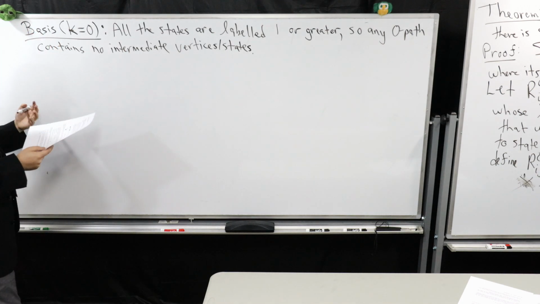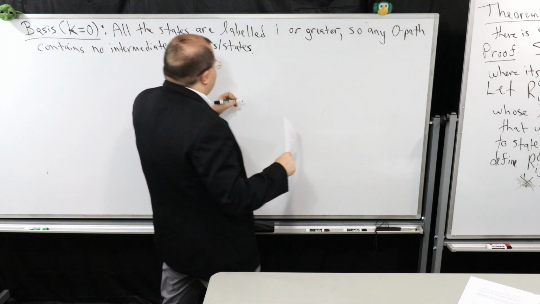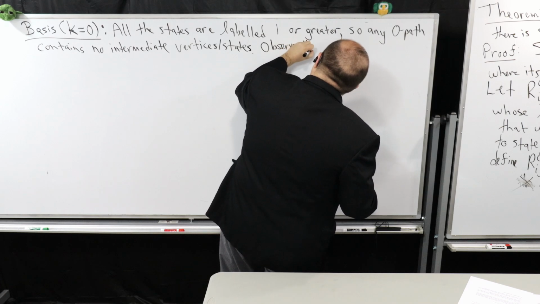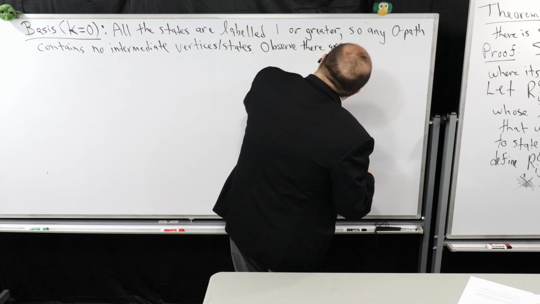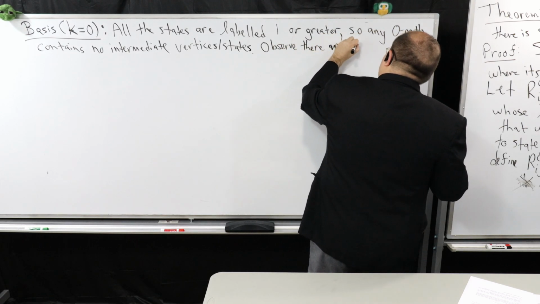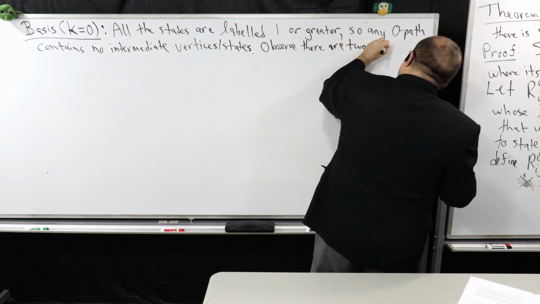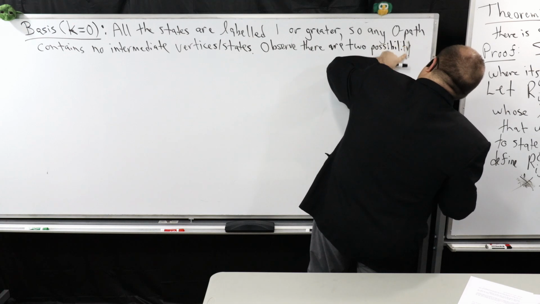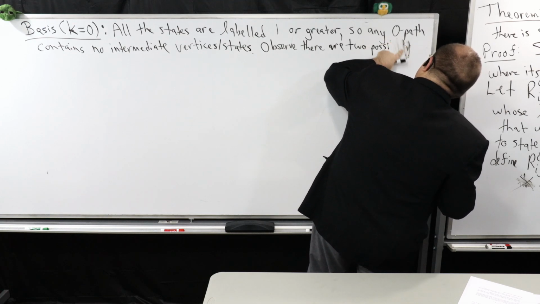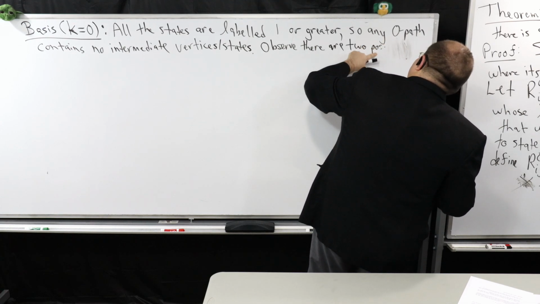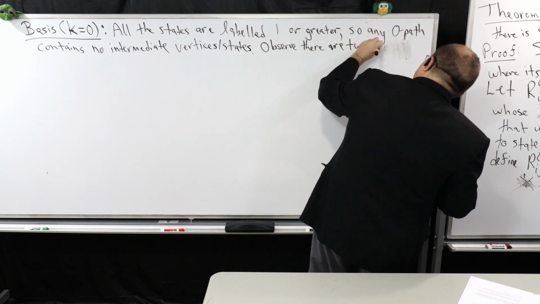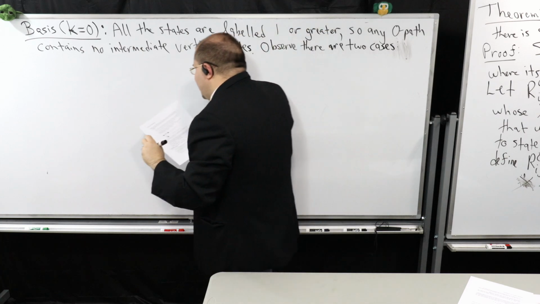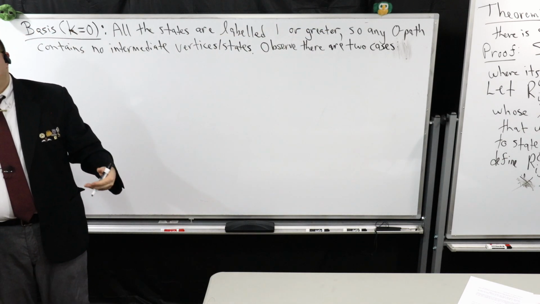Now I want you to observe there are actually two possibilities here. I'll say two cases, just because I'm running out of space on the right. You might ask, Dan, what are these two cases?